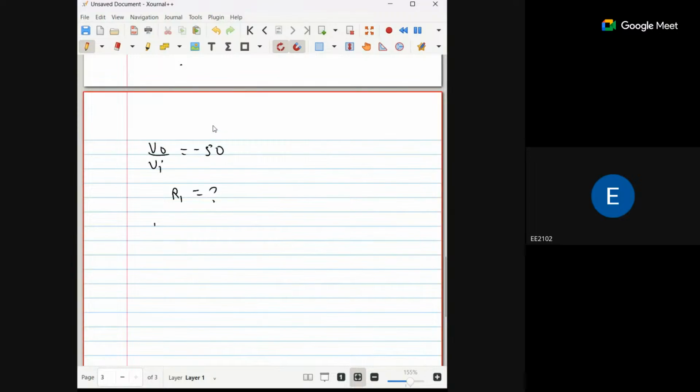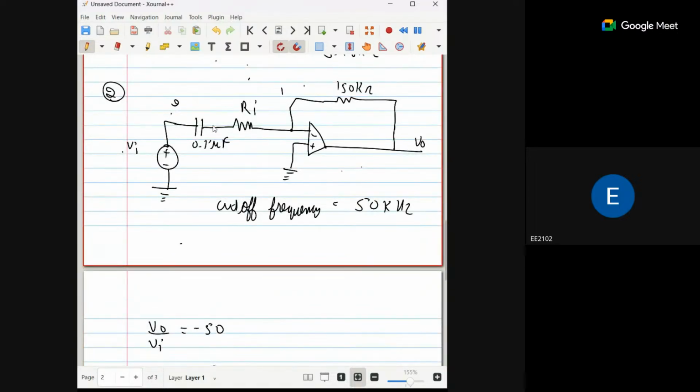Can you tell how we can do it? Like the basic idea? We can do KCL at that negative, V minus point. So we take the current to go from Vi to Vx.